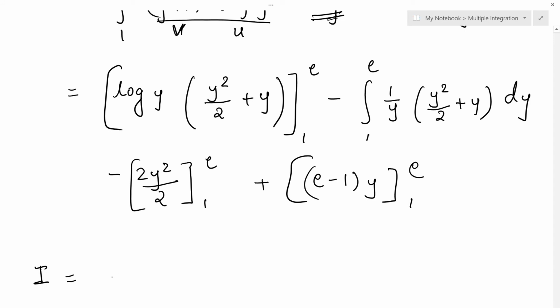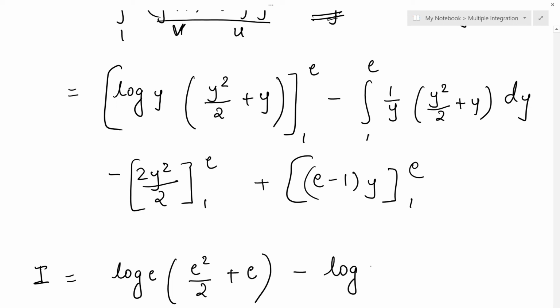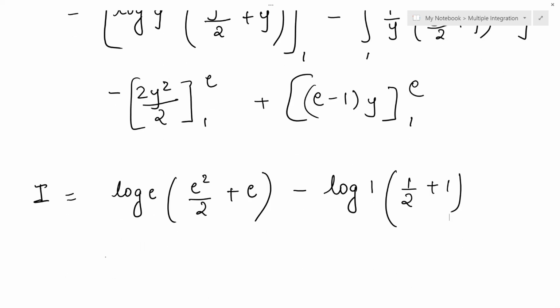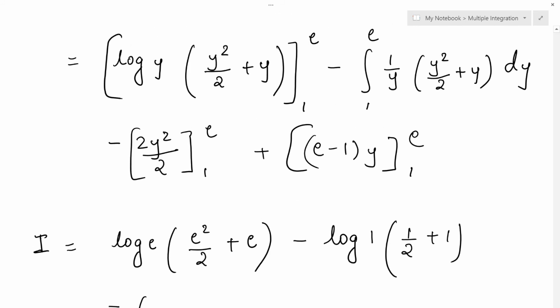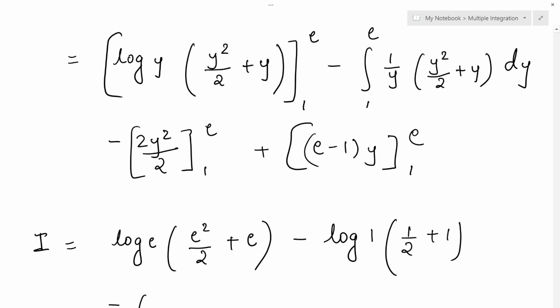So let us substitute the upper limit first. So that will be log e square by 2 plus e minus log 1 by 2 plus 1 minus, now substitute the limits over here.